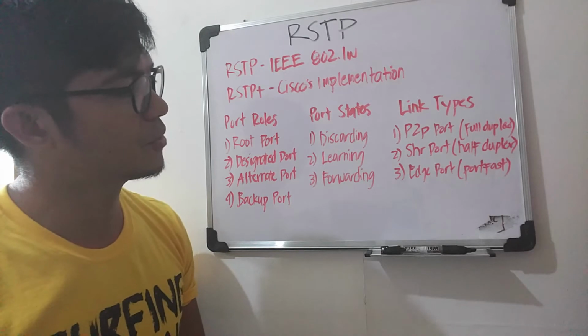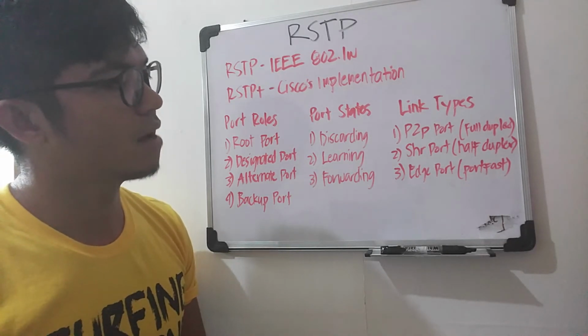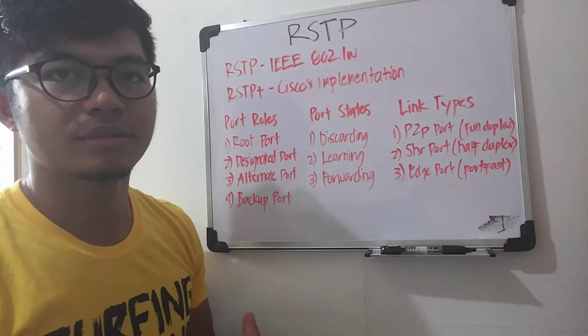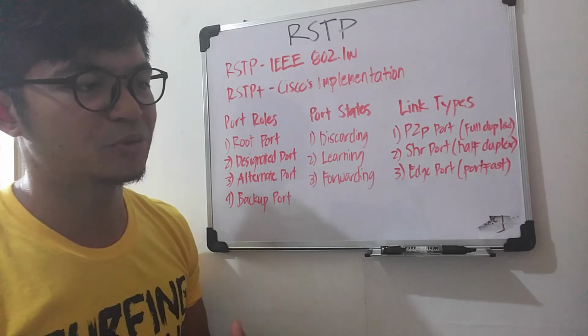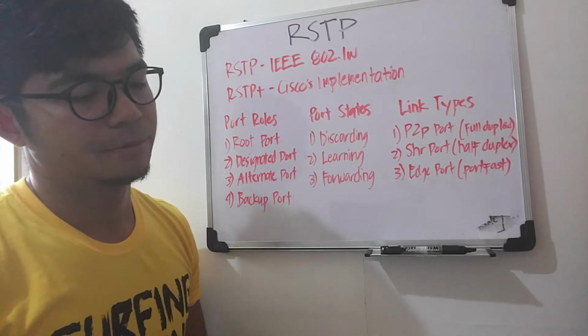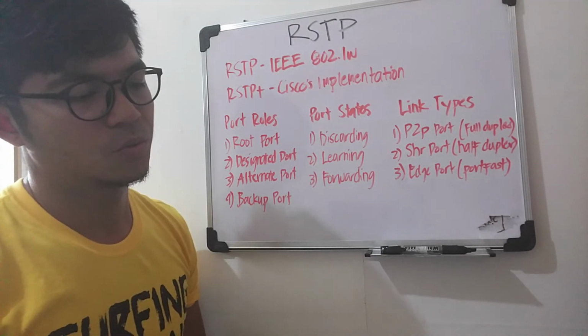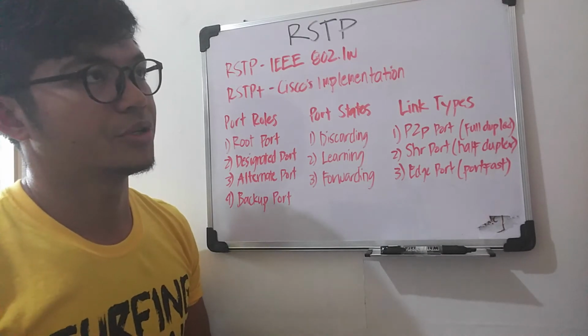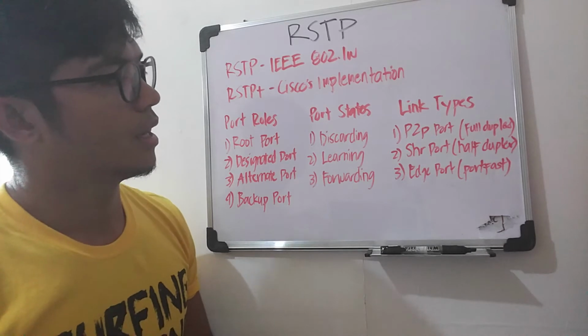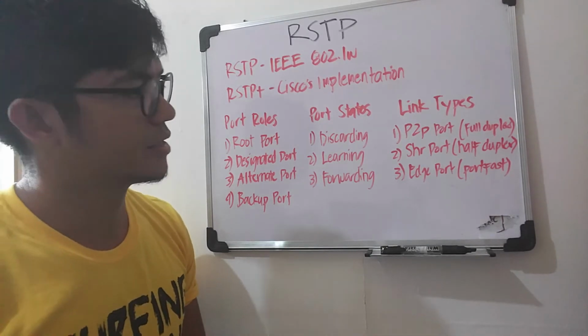And number two is shared. If you have a port on the switch that is in half duplex and connected to a shared media, for example a hub, it is automatically shared.